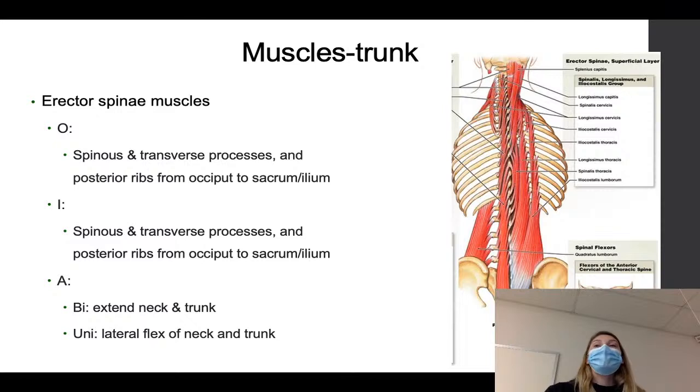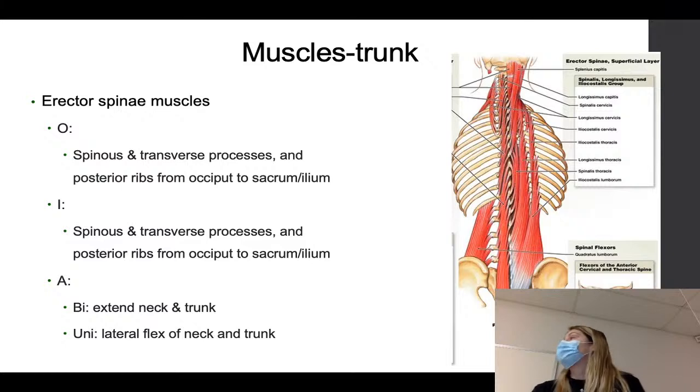Within the erector spinae, you're going to have 3 muscles that make it up. You're going to have your iliocostalis, which is the outermost. We're going to have our longissimus, which is the middle. And then closest to the spine, we're going to have our spinalis.